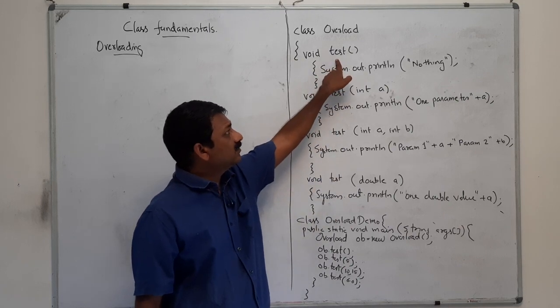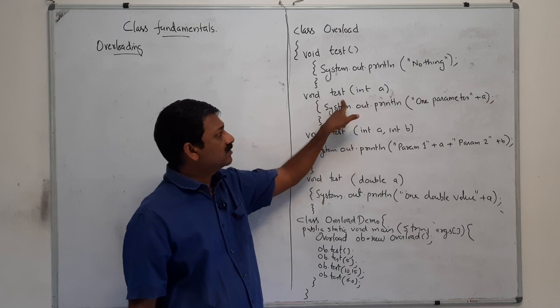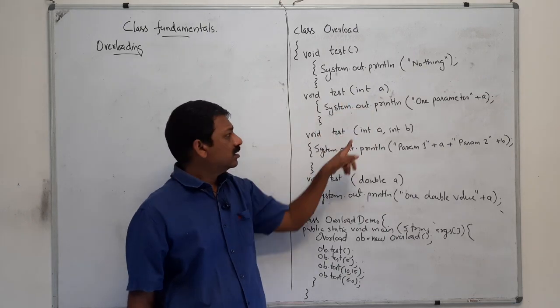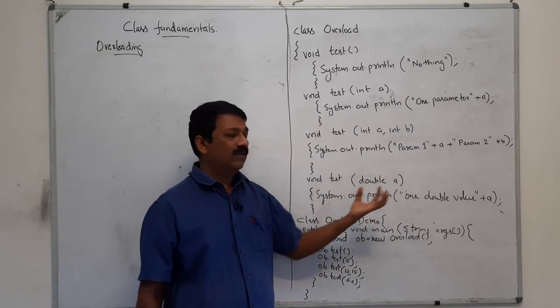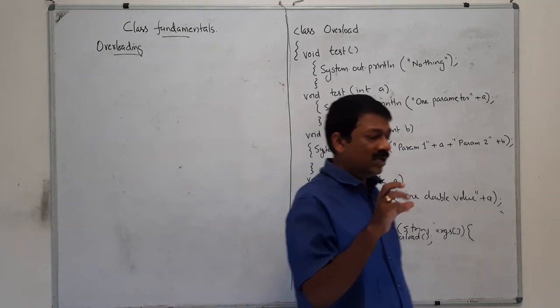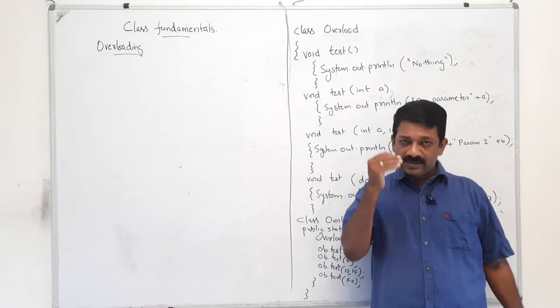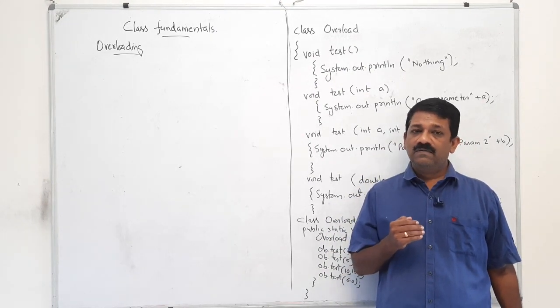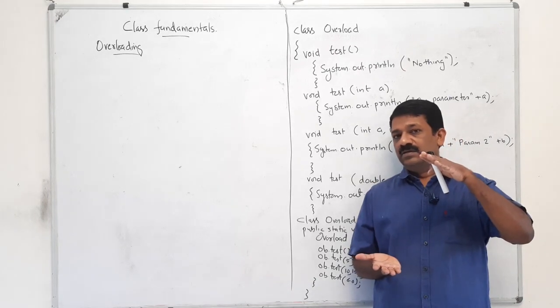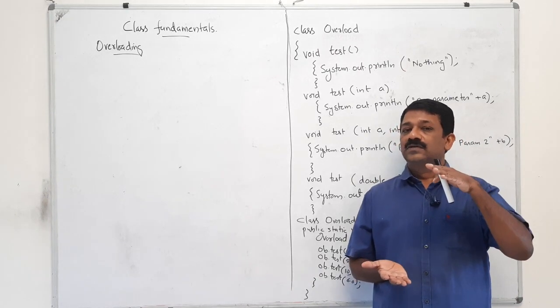That means test without any parameters, test with one integer parameter, test with two integer parameters, and test with a double value. A single class can have different methods with the same name.